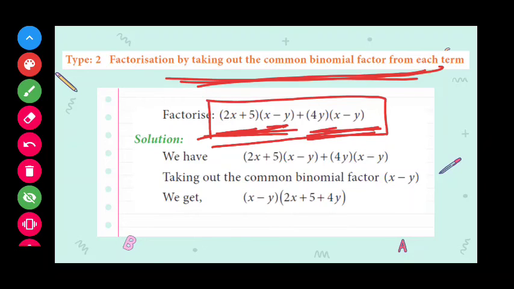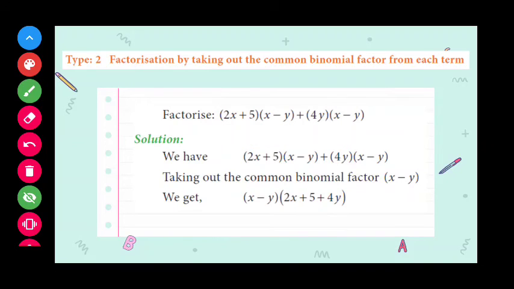Looking at these four factors, we have to find a single common factor from each term. Both terms have x minus y as common, so we can take x minus y outside. The common binomial factor here is x minus y.